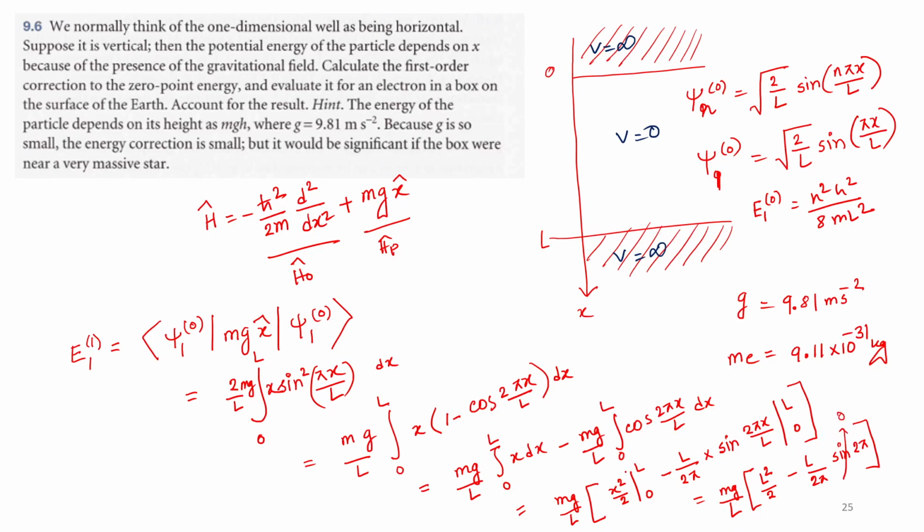So you are going to get E11 as mg by L into L square by 2, which is nothing but mgL by 2.